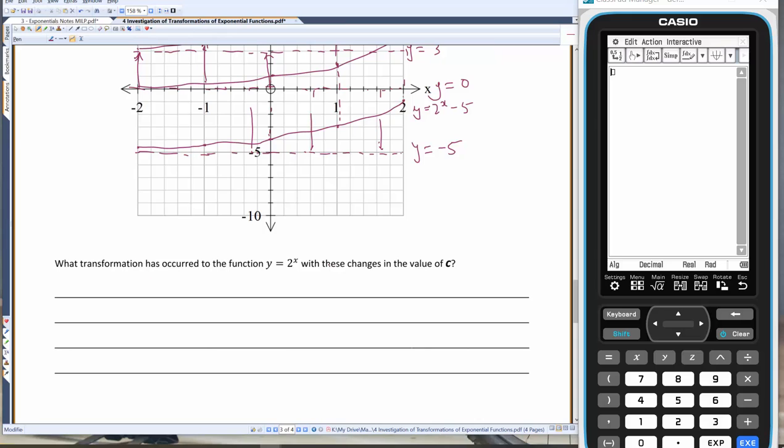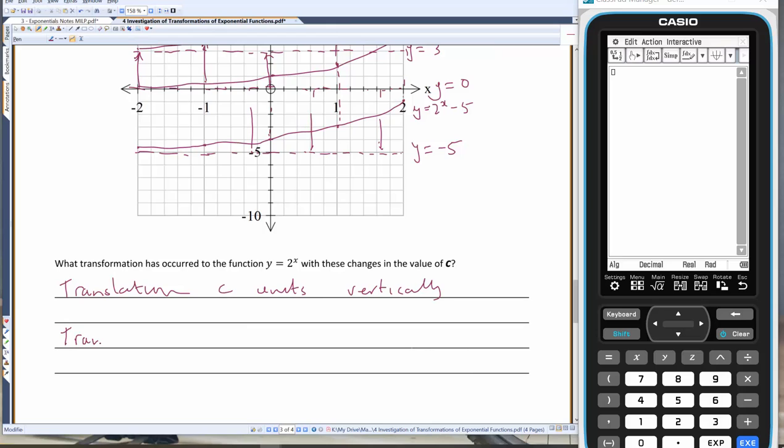So what transformation has occurred to the function with these values of c? A translation is what we call this. We're going to say c units vertically. So c units up or down, okay?